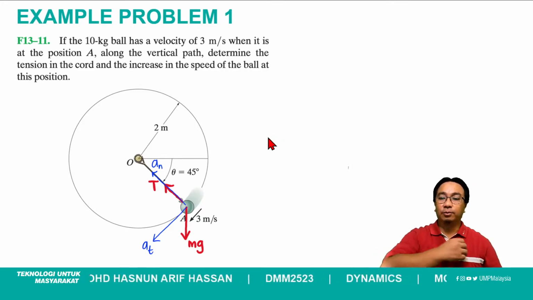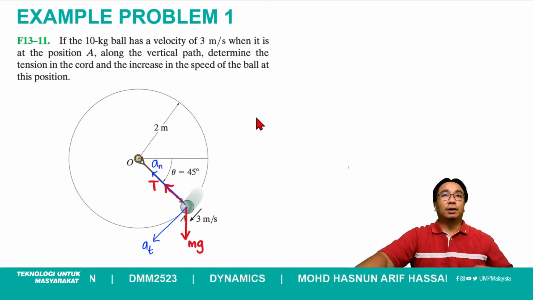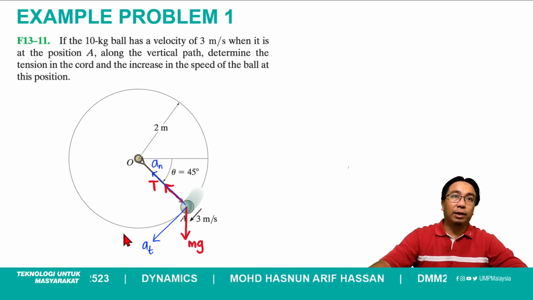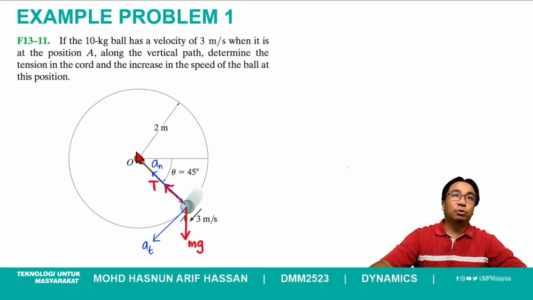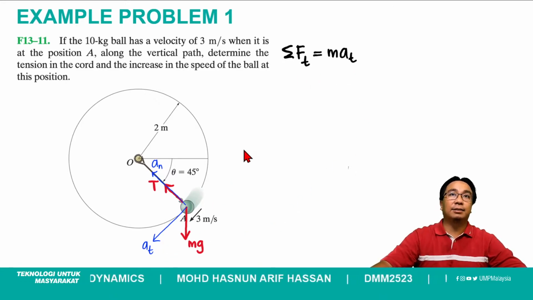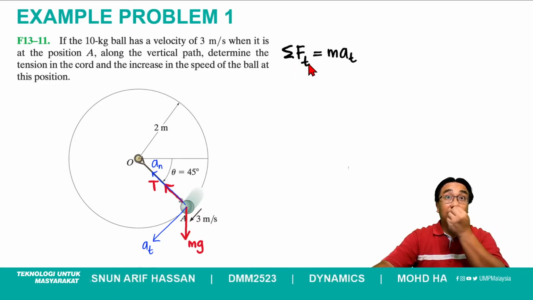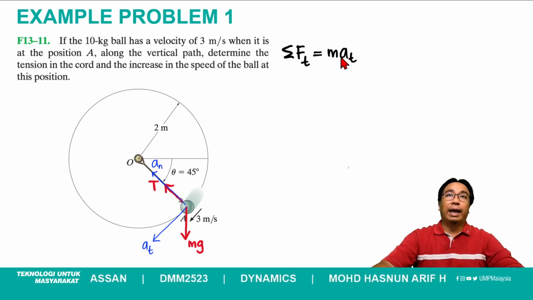Now what do we do? We will apply the equation of motion in both axes. So we will apply the equation of motion in the tangential axis, and also in the normal axis. Let's apply the equation of motion in the tangential axis first. Okay, so we have the total force in the tangential axis equal to MAT.